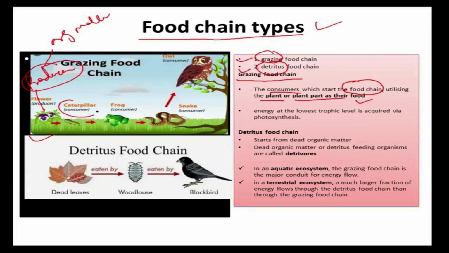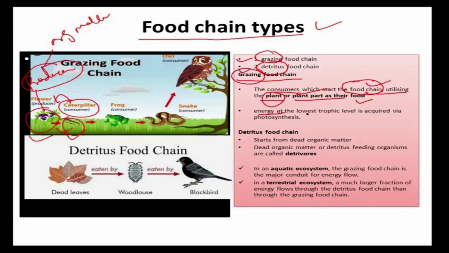The first consumer who will eat this plant is a caterpillar, so it is a herbivore. The caterpillar is starting this food chain and utilizing the grass, so we call it a grazing food chain.